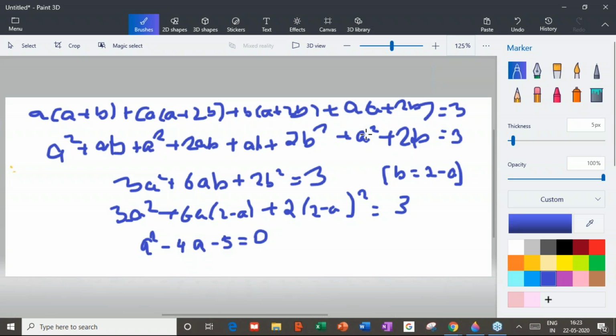Rishit, you are right. So if a is that, what will b be? When a is equal to that, what will b be? Just substitute in the first equation, you will get the values of b. Yes, Ayush, you're right. So substitute the value of a in the first equation.